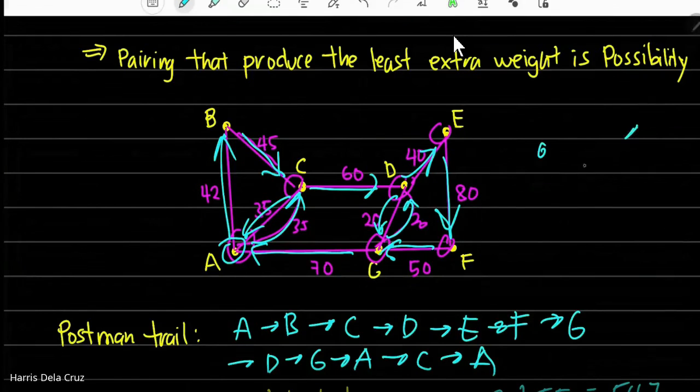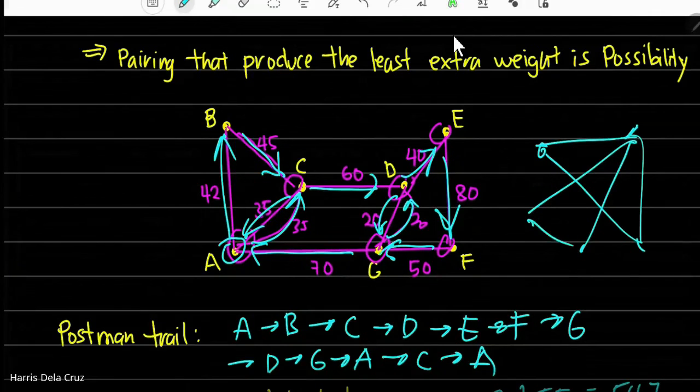So, for example, meron kang graph. So, ang gagawin mo lang, mag-a-add ka ng mga, hindi pala to non-Eulerian. So, pag may nakita kang odd vertex, ang gagawin mo lang, odd to odd, magdadagdag ka ng path papunta dun sa odd vertex to odd vertex, such that yung dadaanan mo, papunta dun, minimum yung weight.